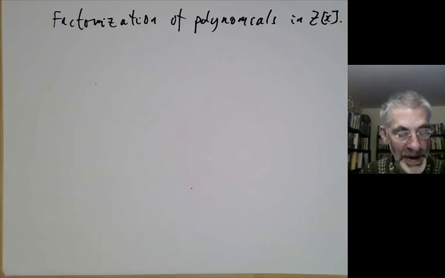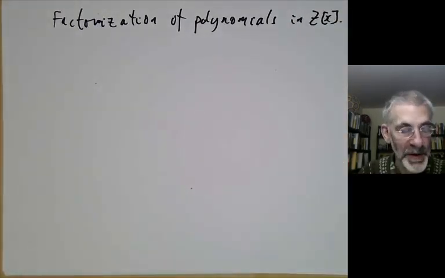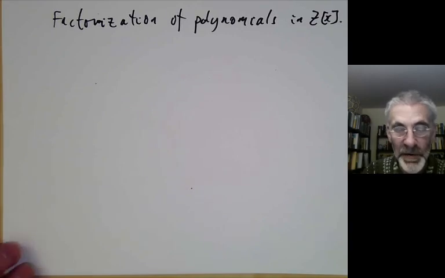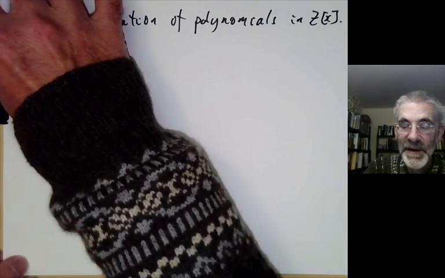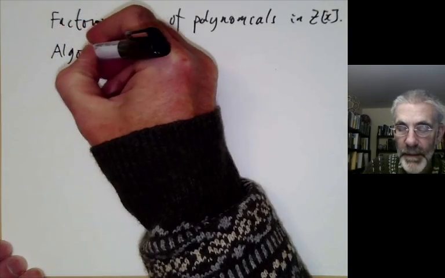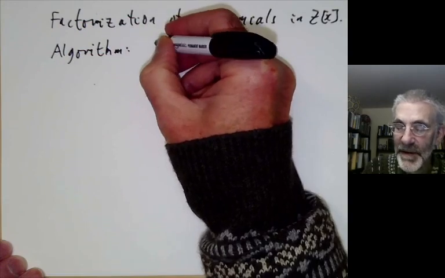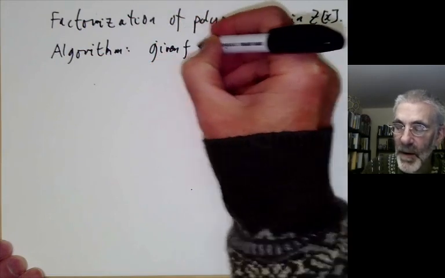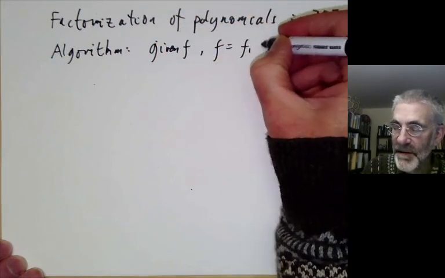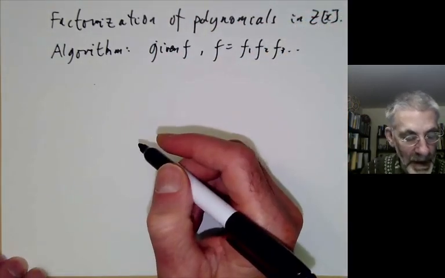So last lecture we saw that the ring of polynomials with integer coefficients had unique factorization, so every polynomial can be written as a product of irreducibles in an essentially unique way. And the first thing we want to ask is, is there an algorithm for doing this? So what we want is an algorithm that, given f, will write f as a product of irreducible polynomials or primes.